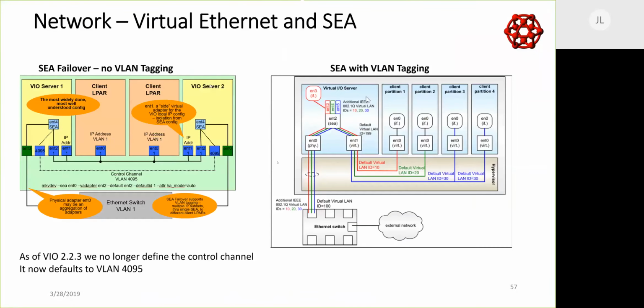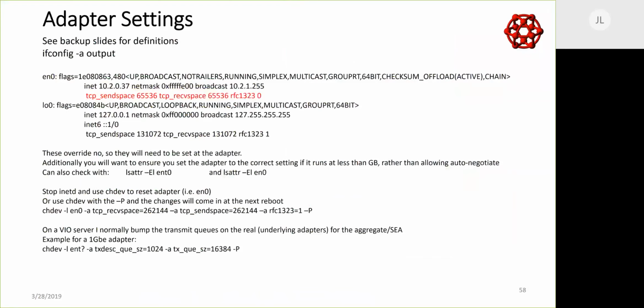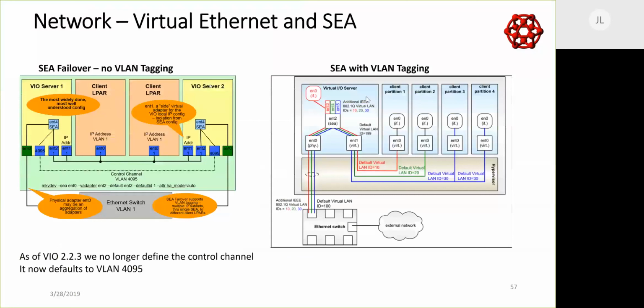Okay, getting close on time here. A couple of comments. You can run your virtual Ethernet and your shared Ethernet adapter with and without tagging. The comment that I really want to get through here is two things. The first thing is, your shared Ethernet adapter under the covers uses virtual Ethernet.